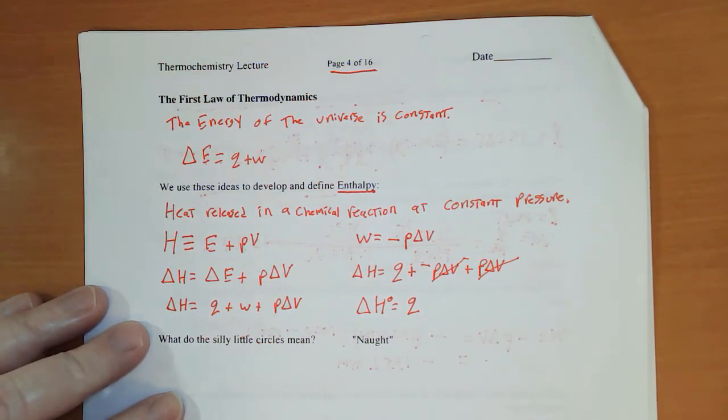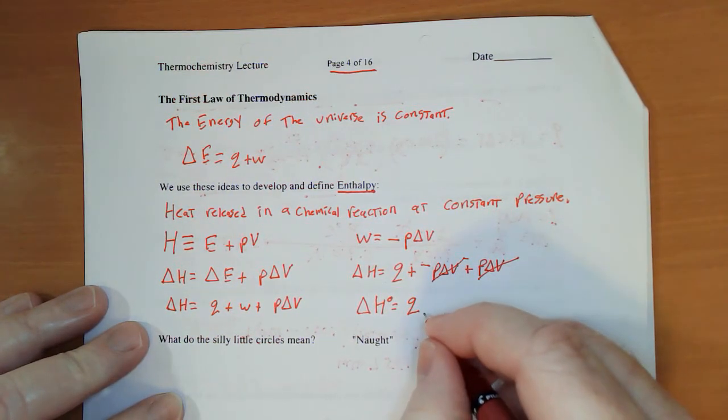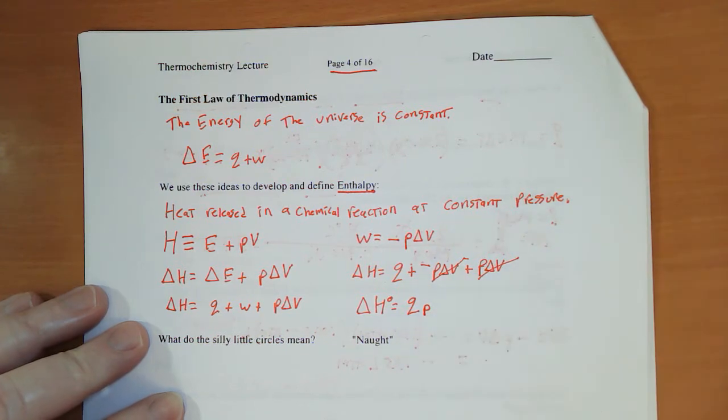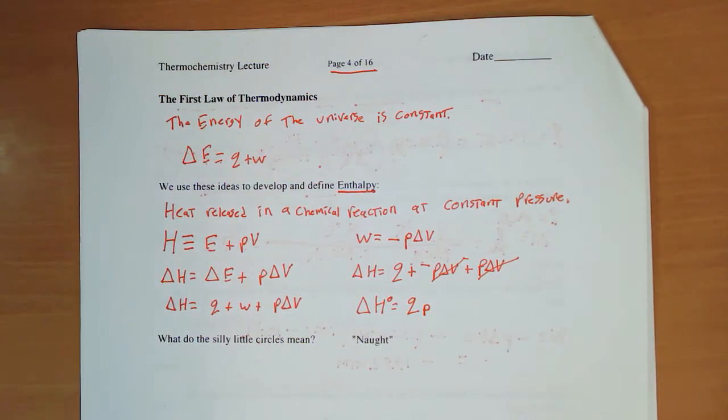Very typically, we will put a subscript P next to the Q just to indicate that pressure is being held constant.